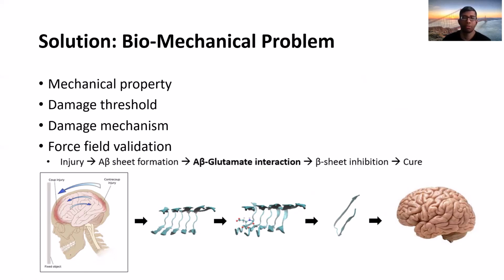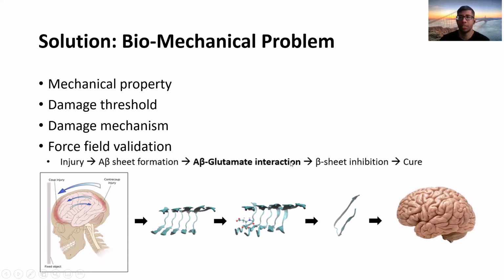So what we can see is that when a head is injured, amyloid beta sheets are formed, and we can see that amyloid beta glutamate interaction is happening. And as a result, for this G protein, let's say hypothetically it's glutamate, we have hypothesized that the beta sheet will be inhibited and it will be cured.